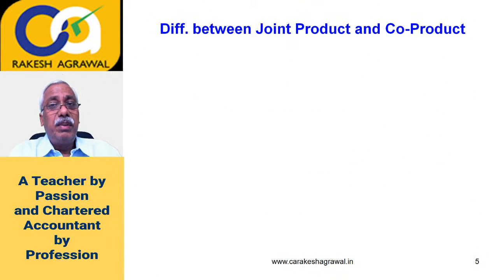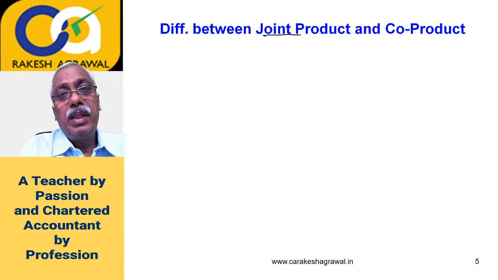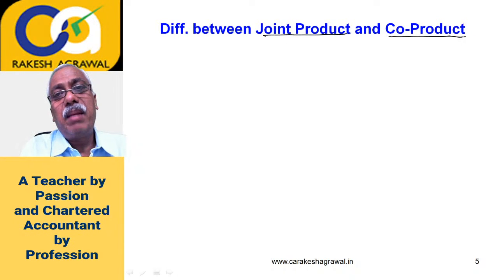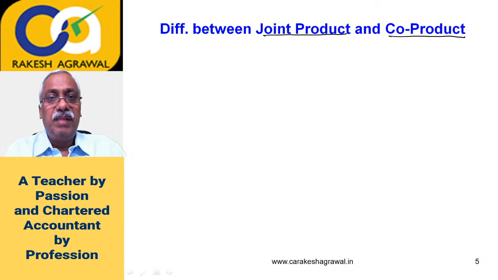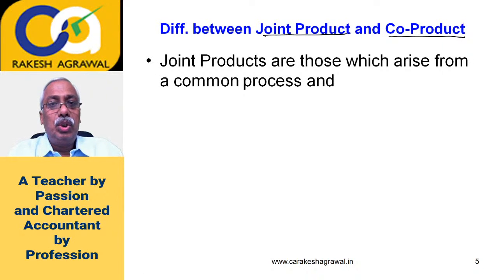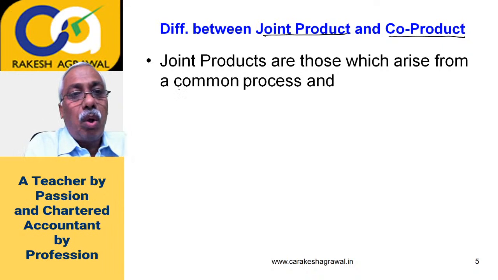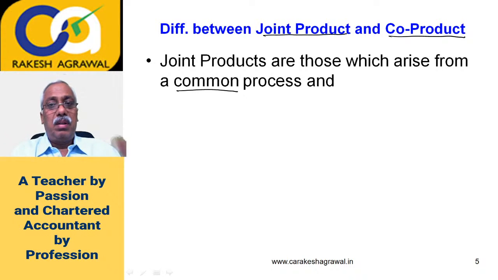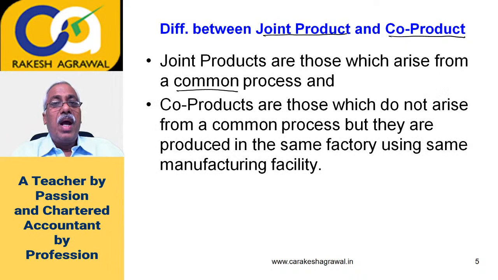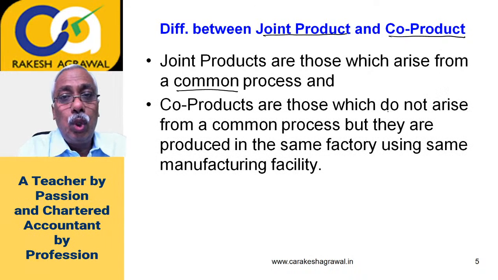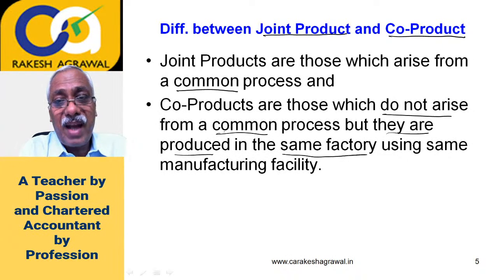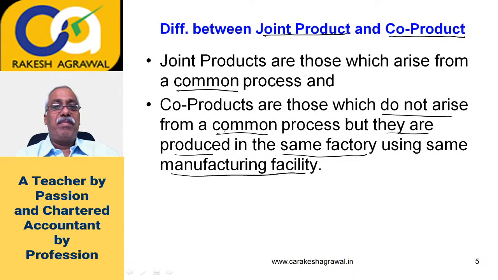Now let us see the difference between joint product and co-product. On first reading, it sounds like joint product and co-product would be the same, but it is not so. Joint products are those which arise from a common process. Please remember, arise from a common process. And co-products are those which do not arise from a common process, but they are produced in the same factory using the same manufacturing facility.